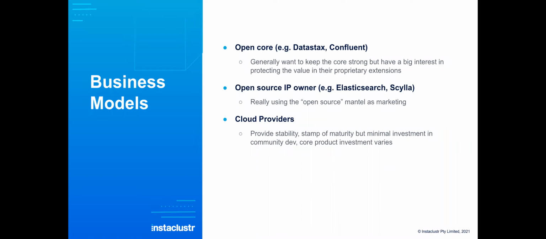The next one is what I'd call the open source IP owner. Elasticsearch and Scylla are a couple of examples of those, where it's a single corporation that really owns the project and all of the code. They're kind of using open source for marketing to help get themselves moving, but as we've seen with Elasticsearch, they always retain the ability to change the license to suit their commercial motivations over time.